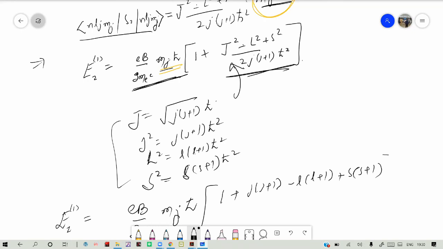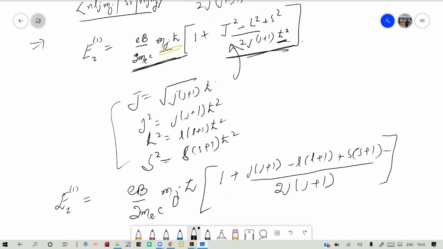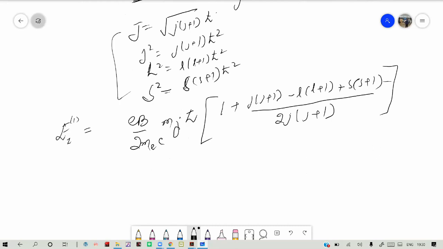Here h cut squared will be common, divided by 2J into (J plus 1). h cut squared from here and h cut squared from here will cancel out. So I can write it as eB divided by 2 m_e c, it is m_j h cut, and here I can write it as g_J.